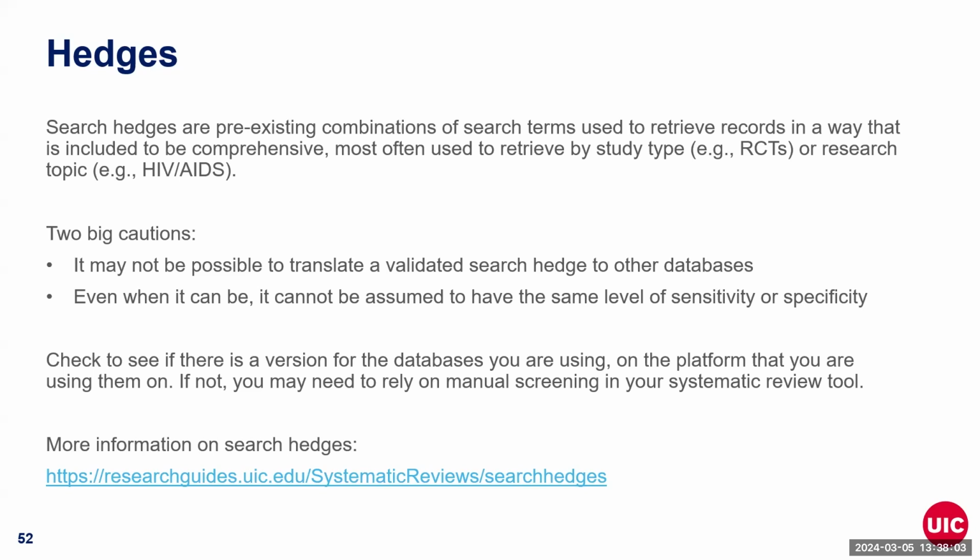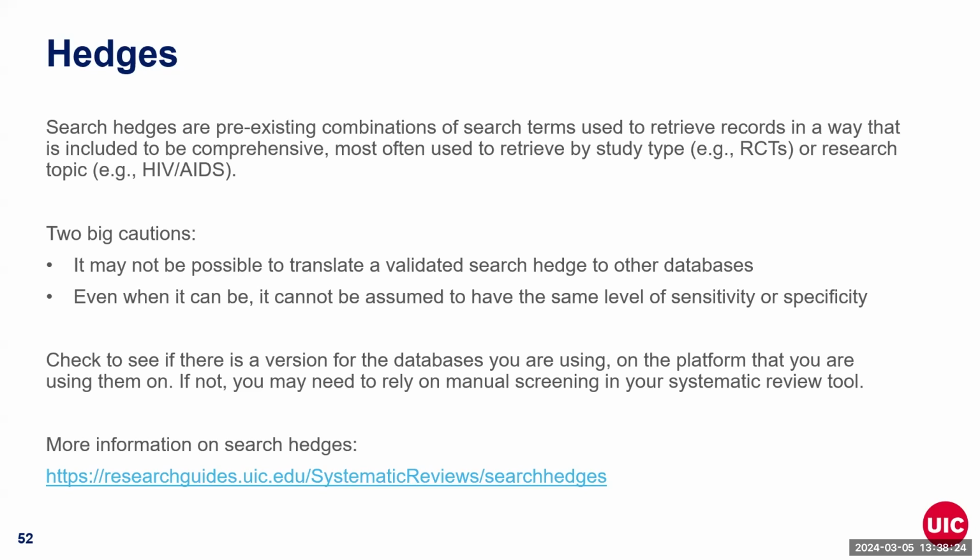However, usually they've been tested in a certain environment, or sometimes maybe more than one, but sometimes might even be in just one database. And they'll have said, okay, in this particular database, we have numbers about its sensitivity and specificity.